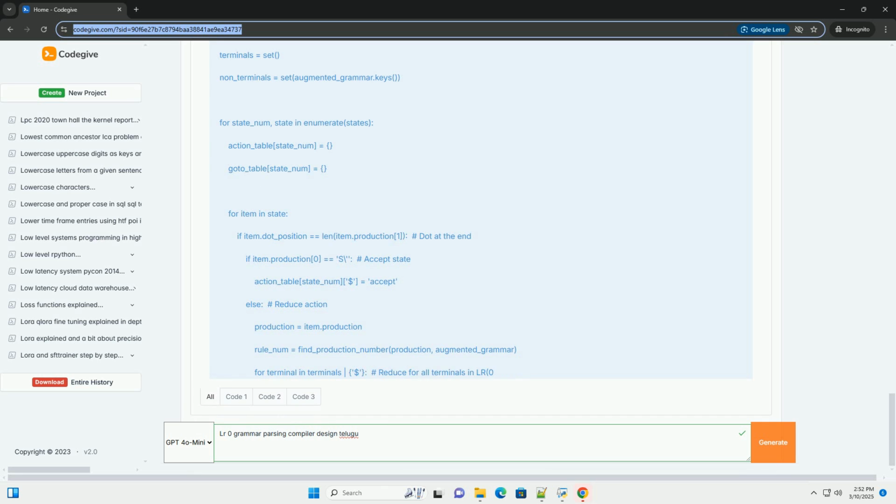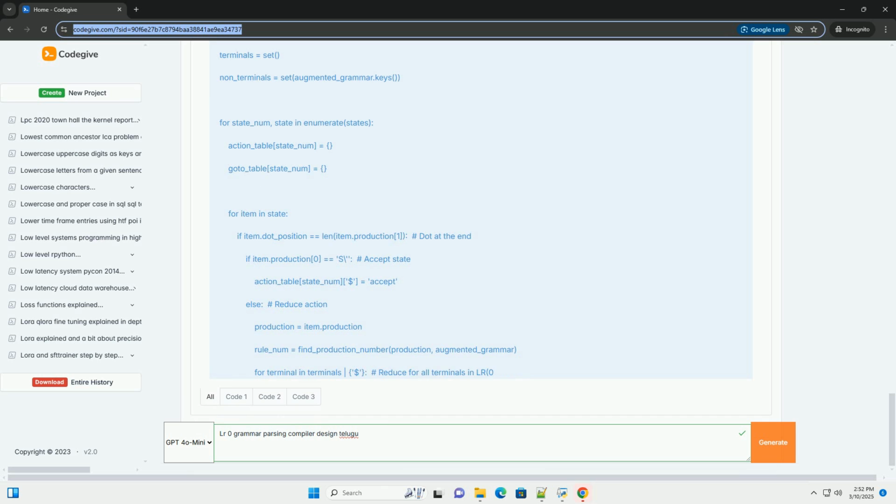Steps in LR0 parsing. One: augment the grammar. Add a new start symbol S' and a production rule S' → S, where S is the original start symbol. This helps with the accept action. Two: construct the LR0 automaton, a finite state machine. Closure: for each item, find the closure.